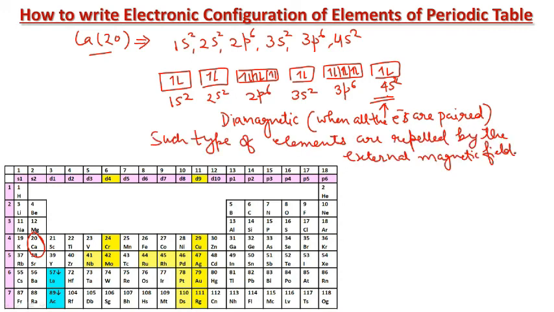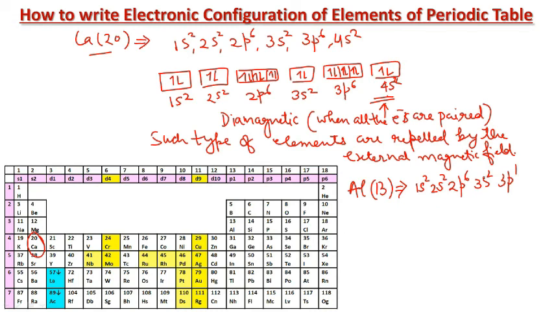Let us have an example of aluminium, which has atomic number 13, and the electronic configuration for aluminium is 1s2, 2s2, 2p6, 3s2, 3p1.